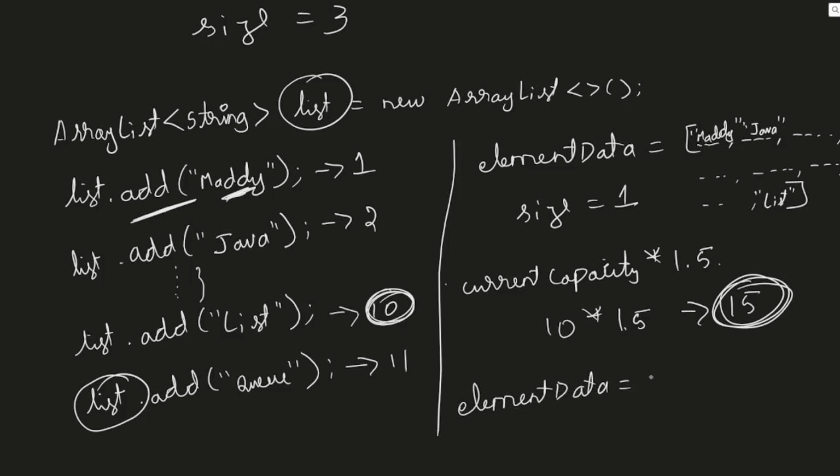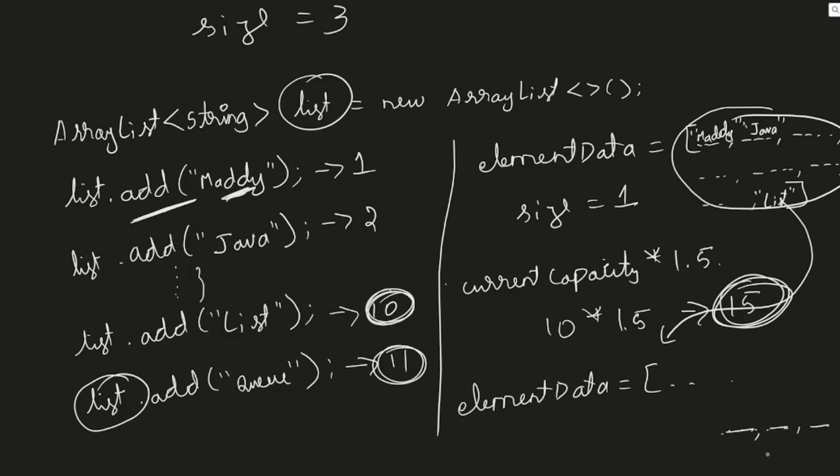of initial capacity 15, and then it will copy all these 10 elements into the newly created array. Once it copies all the elements from the old element data, the 11th element gets inserted at the 11th position, meaning we will have the last 4 positions empty.